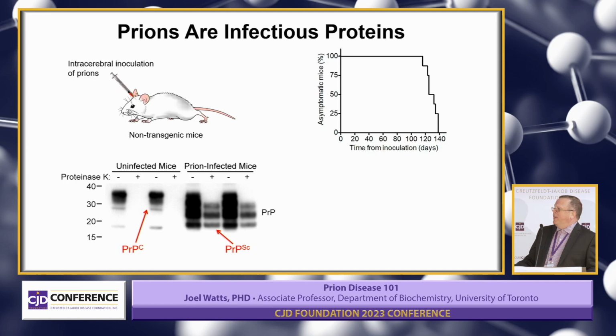So in healthy mice that don't have prion disease, this right here is PrPC, the normal prion protein. If you treat this with a different protein called proteinase K, a protein whose job it is to chew up other proteins and convert them into tiny little pieces that can then be recycled to make other proteins, because PrPC is not clumped together, this enzyme, proteinase K, or PK, gets rid of all of it, and it goes away in healthy animals.